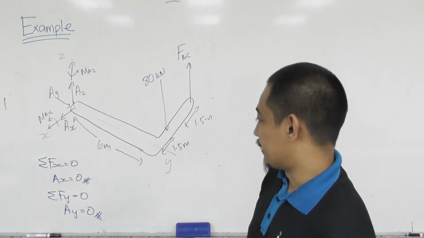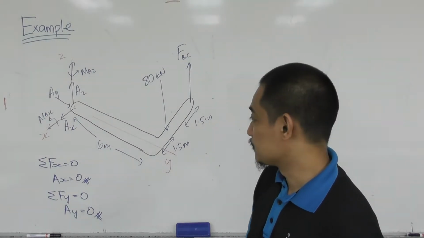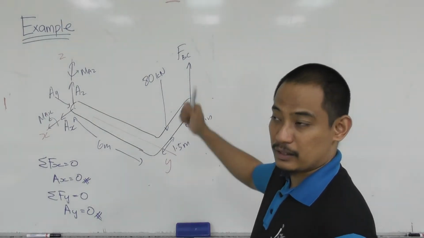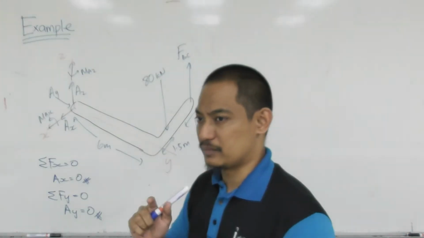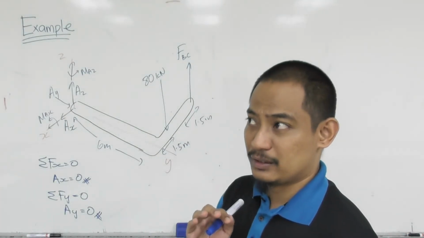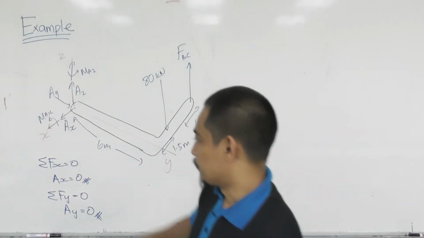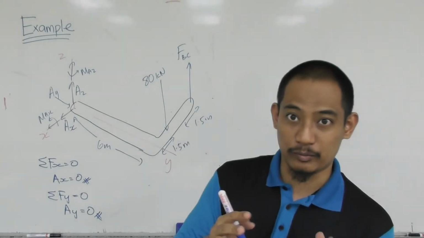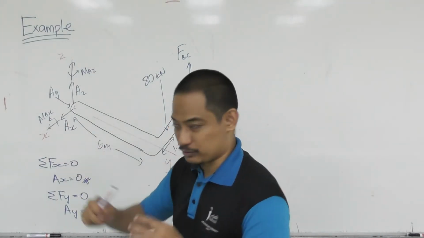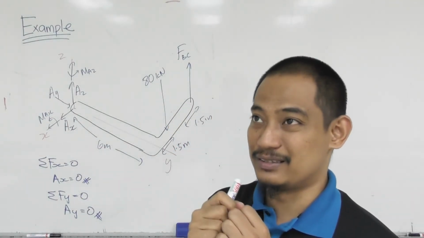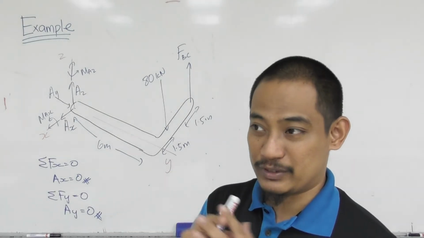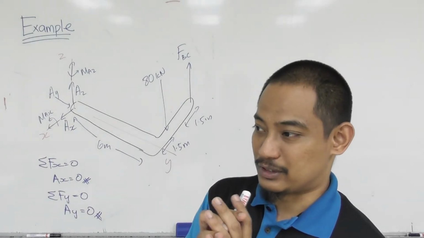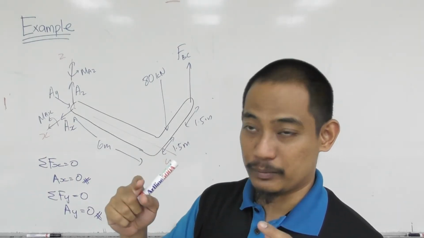What about moment about y-axis? How many unknowns? There's only 1, right? Now, I think some of the students get confused between Max, Maz, with moment about x and moment about z. Make sure you understand the difference. When we say moment about x-axis, moment about z-axis, we do the summation of all moment produced about that specific axis.